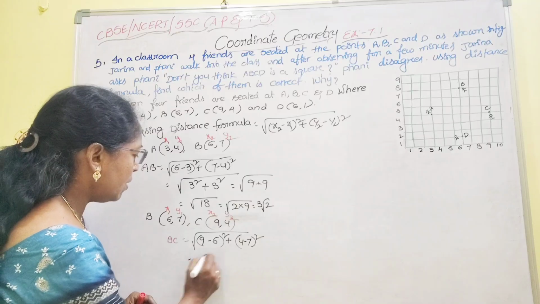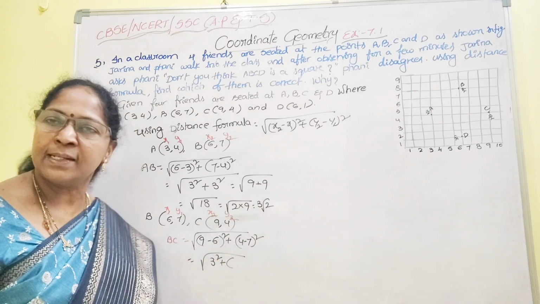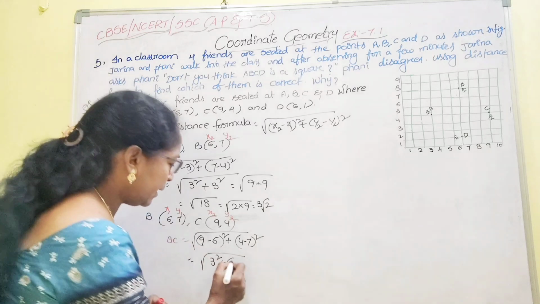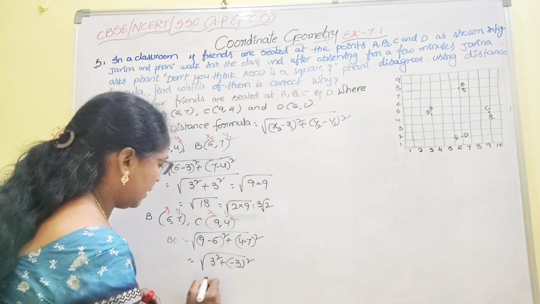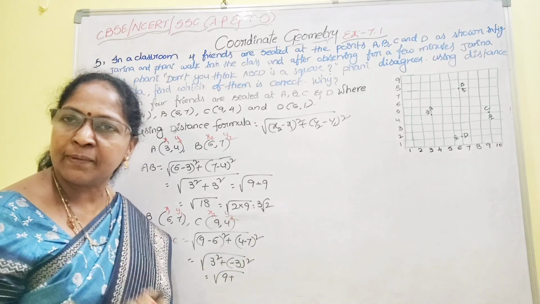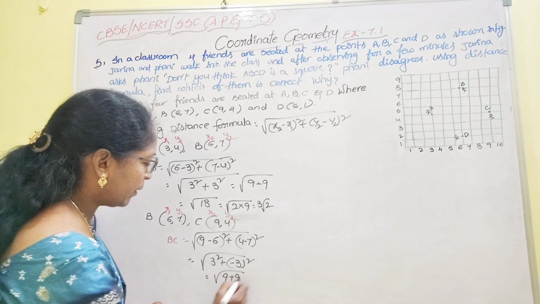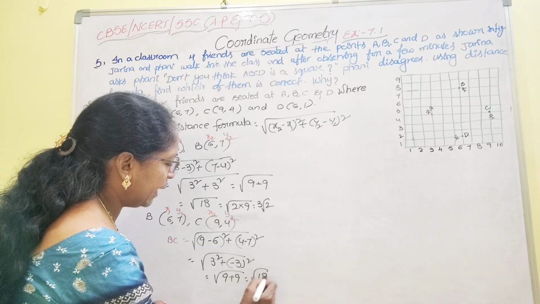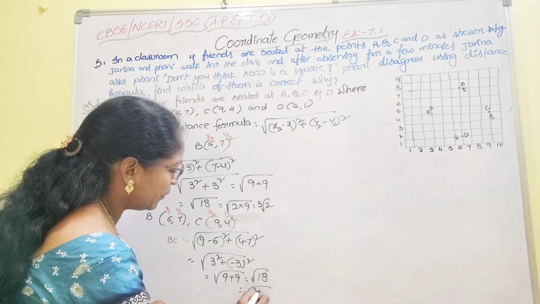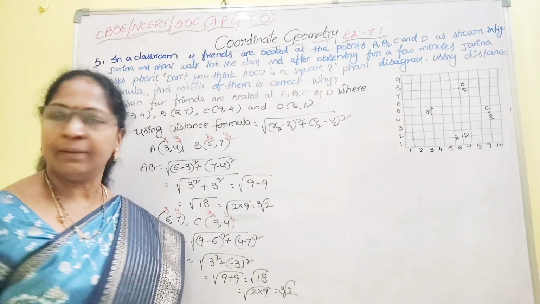That equals 9 minus 6 is 3 square, as well as 4 minus 7 equals minus 3 whole square. That equals 9 plus 9, square root of 18. 18 can be written as 2 into 9. That equals 3 root 2.